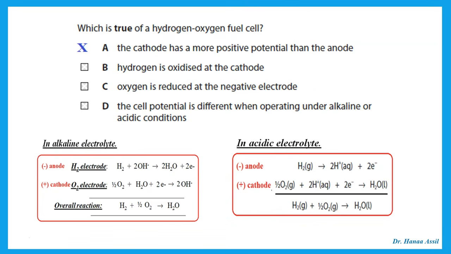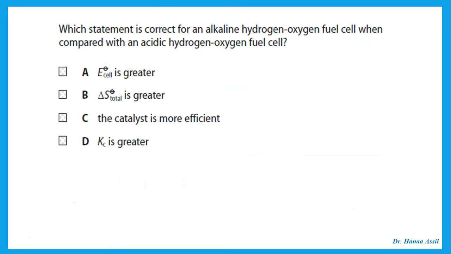Yes, the cathode is positive compared to the anode. Hydrogen is oxidized at the cathode. No, hydrogen is oxidized at the anode. Oxygen is reduced at the negative. No, oxygen is reduced at the positive. The cell potential is different under alkaline or acidic conditions. No, the cell potential is the same.